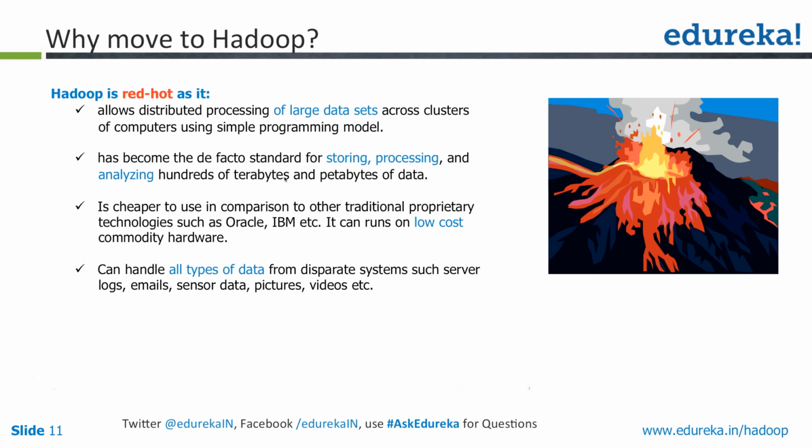Now, this is how the data is stored. Hadoop has become the de facto standard for storing, processing, and analyzing hundreds of terabytes and petabytes of data. It is cheaper to use. Since Hadoop is open source, it's much cheaper to use. You can store it on commodity hardware, because the fact that some systems will fail is built into the system.